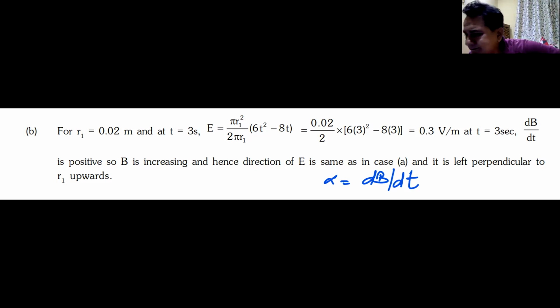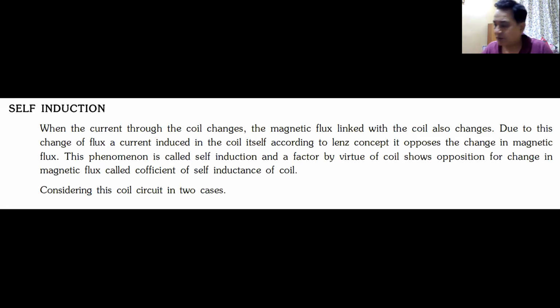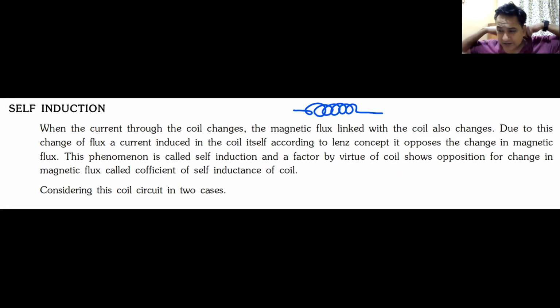But imagine if I have a wire and I make loops in it. The wire probably looks something like this. That wire now has an area. So if I flow current in that wire, a flux will be linked with this wire.